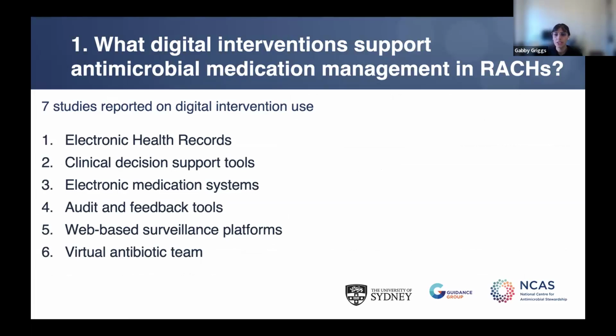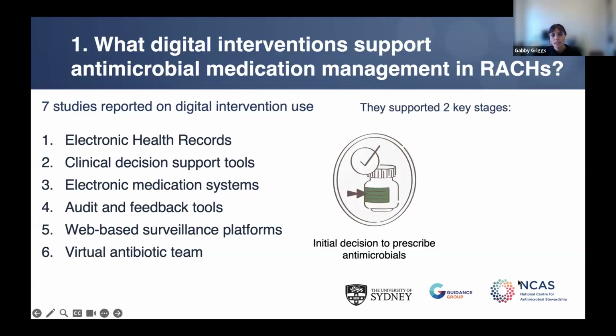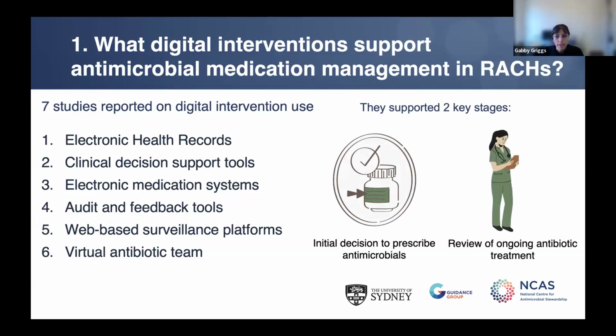But rather than focusing on each in detail, the key point is what they support in practice. These tools mainly focused on 2 stages: the decision to start antibiotics and the review of ongoing treatment. This indicates that digital tools are primarily being used to guide whether to start antibiotics or to reassess their ongoing use.